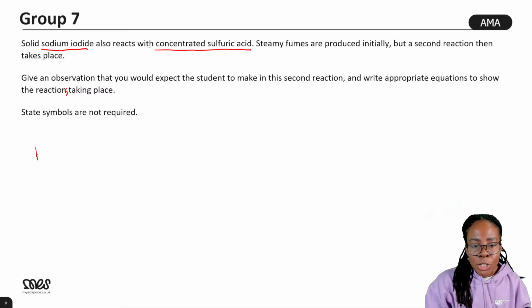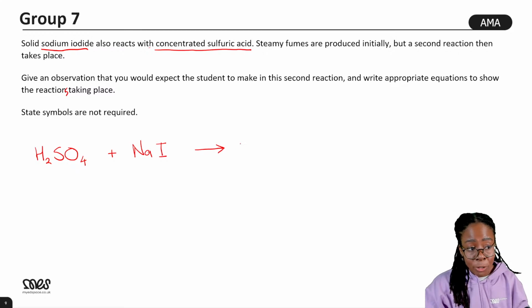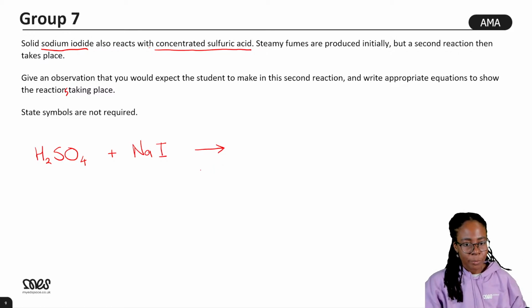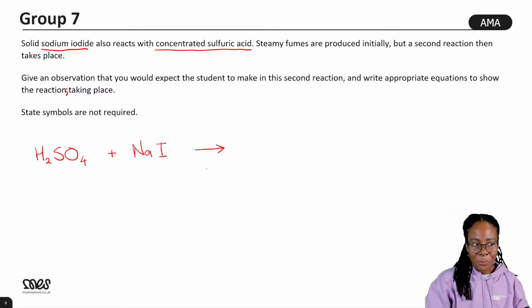Just like our last one, we have our sulfuric acid and our sodium iodide, and exactly as before, our first equation products will be, tell me in the chat, what will our first products be? Lovely.